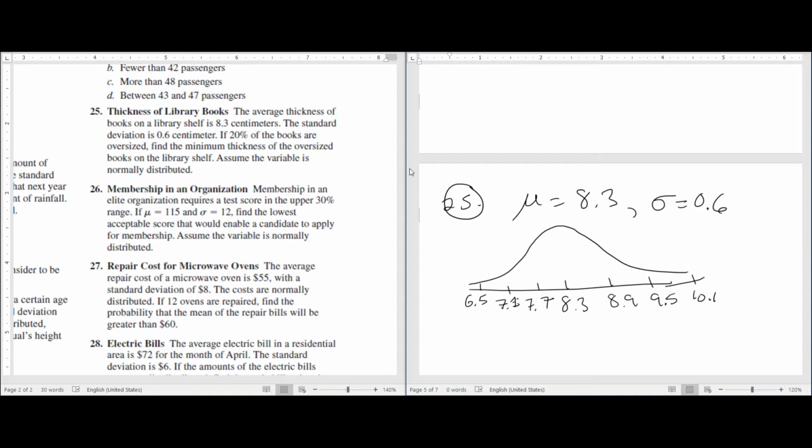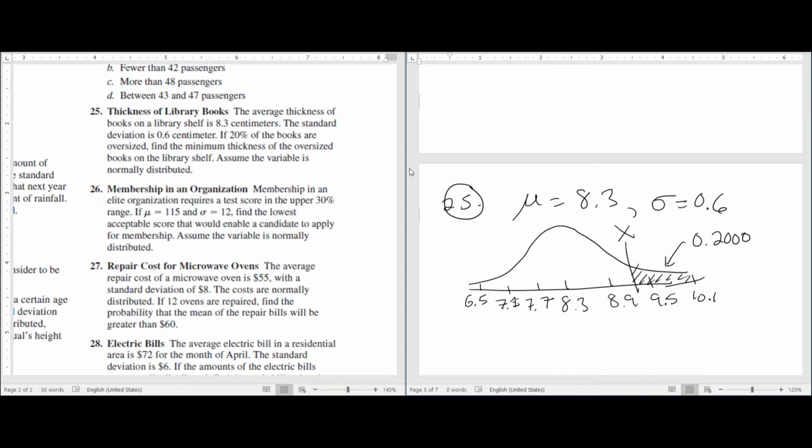All right, so we know that 20% are oversized. I don't know where that is on here, but that's what we're going to try to figure out. We are trying to figure out what the x value is so that 20% of the books are oversized, and that is 20% or 0.200. Remember, 20% is a percentage, which means you're looking at area under the curve.